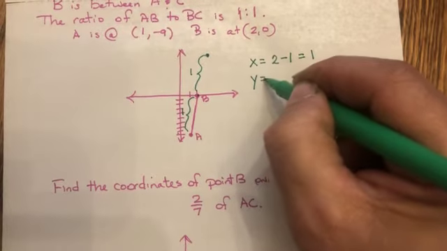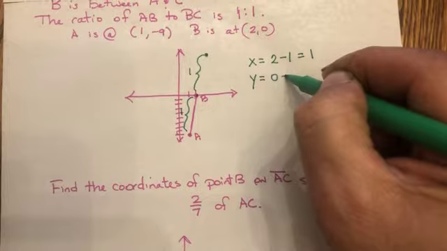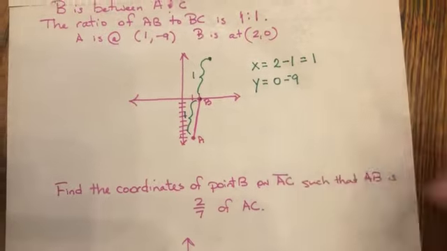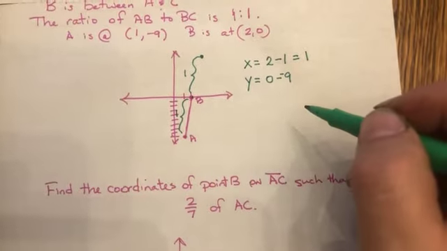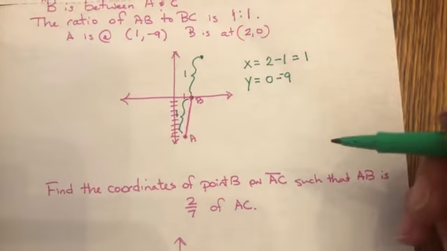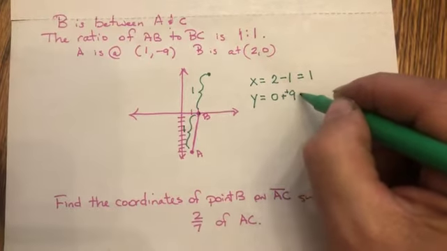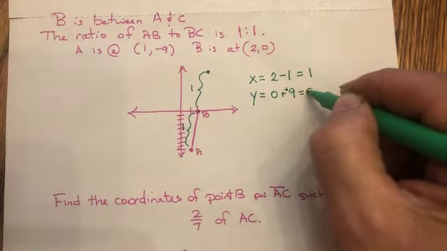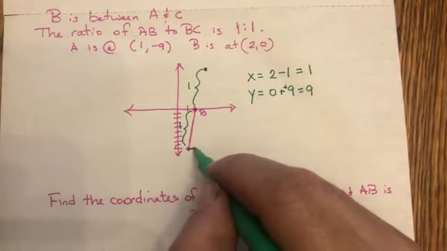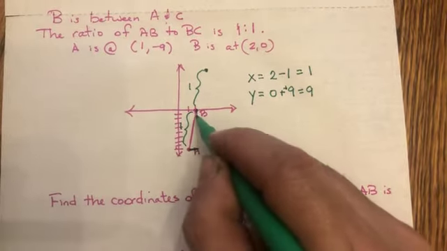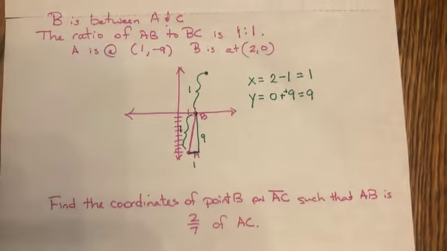Doing it in the y direction, we're moving from 0 back to -9. Remember, distance is calculated by taking my two coordinates and just subtracting them from each other. And if it ends up being a negative value, you do the absolute value of that. So in this case, I do get a positive 9. So the triangle here sets up so that it has sides of ratio 1 and 9.